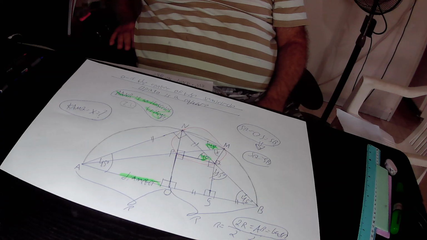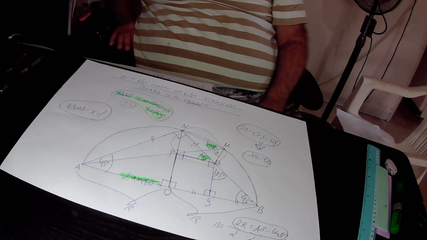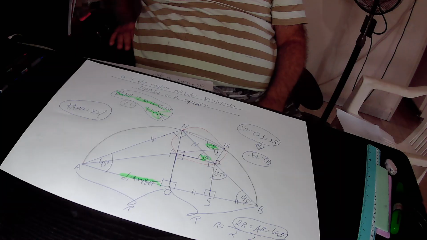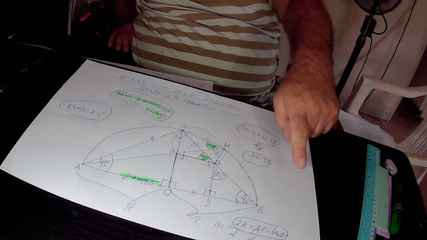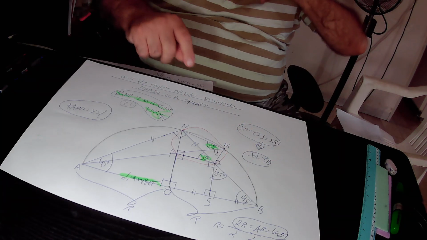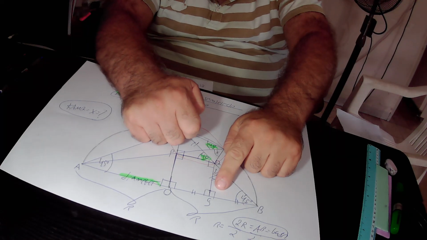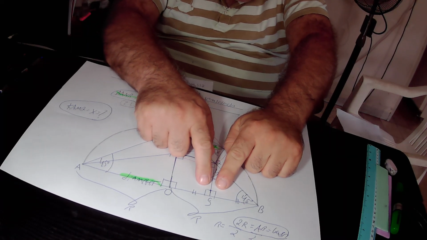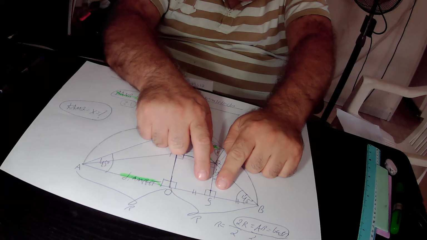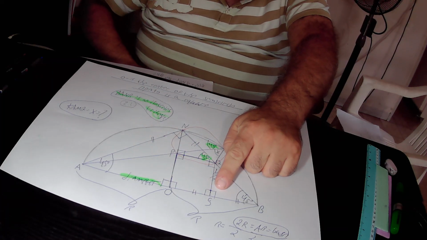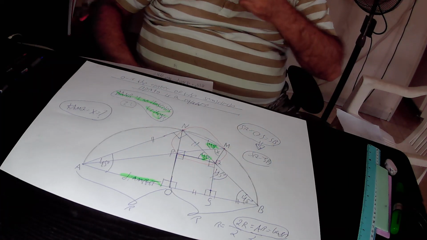Rule 3 says that the sum of the angles on one side of a straight line is equal to 180 degrees. So which angles do we have at the upper side of AB at point S? We have this right angle plus this missing angle. In total, the sum of those two angles must be equal to 180 degrees according to rule 3. Therefore, this missing angle must be equal to 90 degrees.